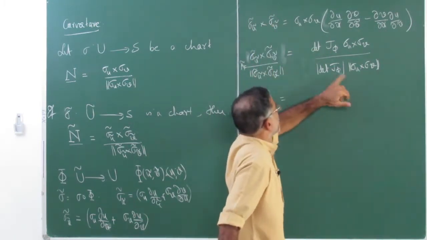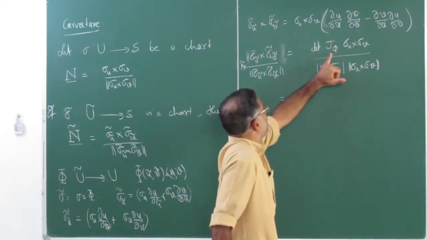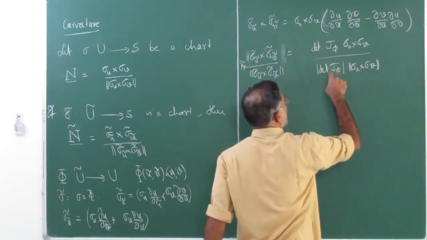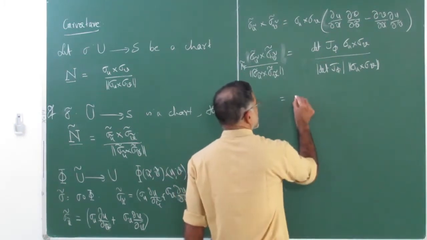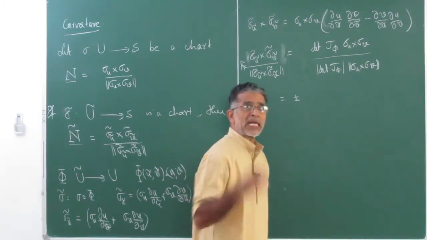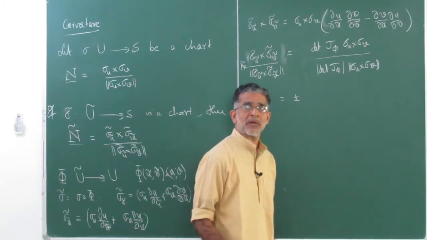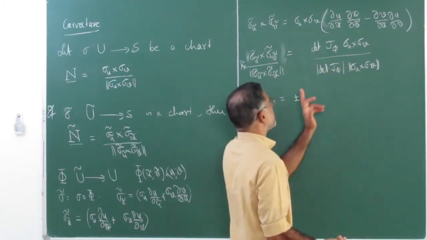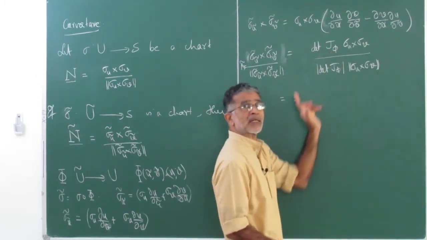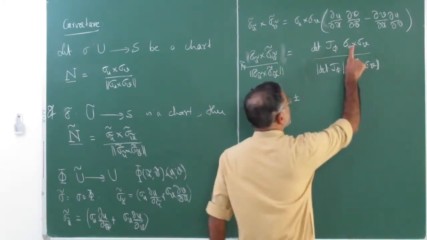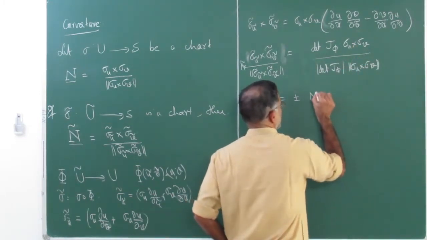So this can never be 0, so there is no issue in division here. So this number divided by its modulus is plus or minus 1. Any number by its modulus is plus or minus 1. If this is positive, then it is plus 1. If this is negative, it is minus 1. That's all we know. And that is n.